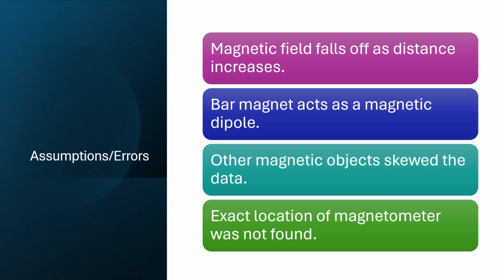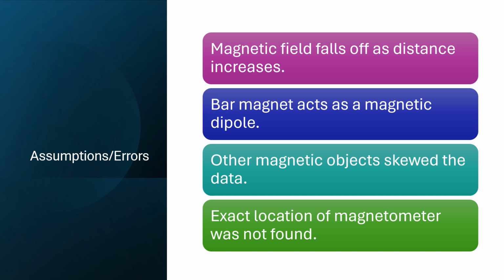Some of the assumptions and errors that we made in this lab were, first, based on the distance dependency formula, the magnetic field falls off as distance increases. So the magnitude of the magnetic field decreases as distance increases, and this was proven in both the on-axis and off-axis portions of our lab.